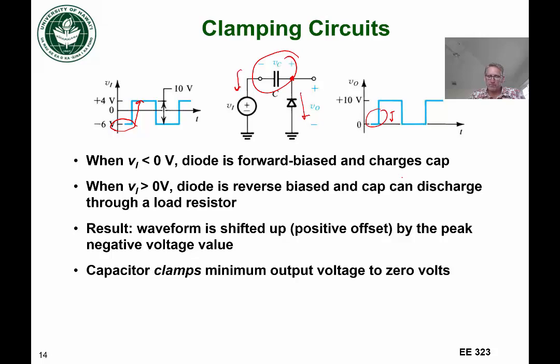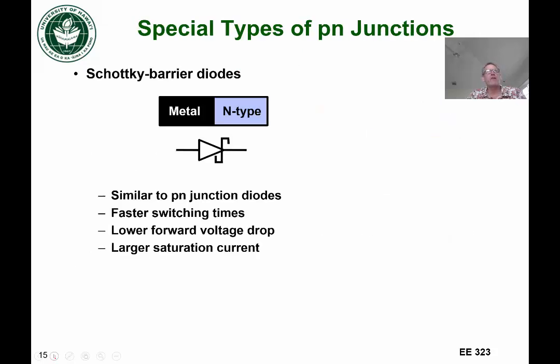And so you can see how the diode is clamping this or shifting it up. If you switch the diode around, you can clamp it on the negative side and move the waveform down. And so this is a way to reintroduce a DC value into an AC signal. All right, so moving on, we're going to talk about some special types of PN junctions.